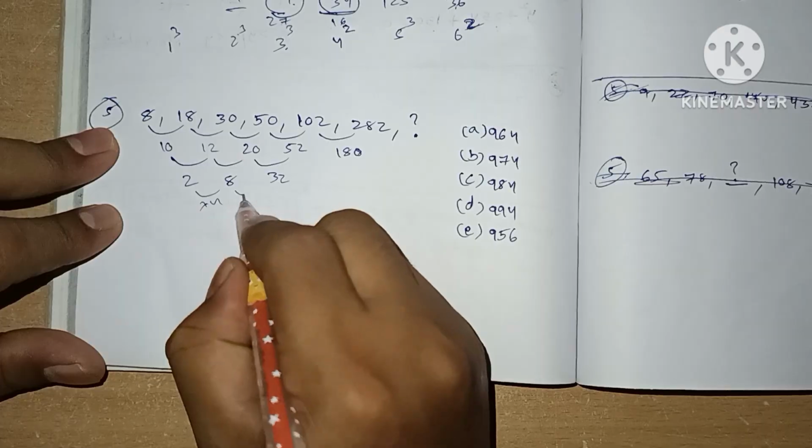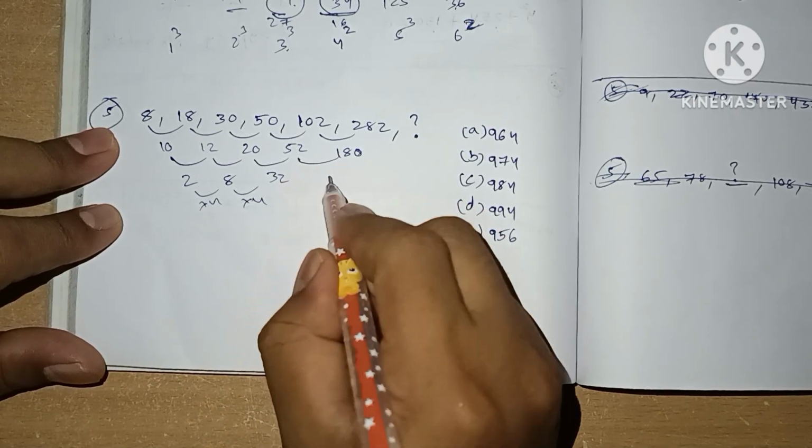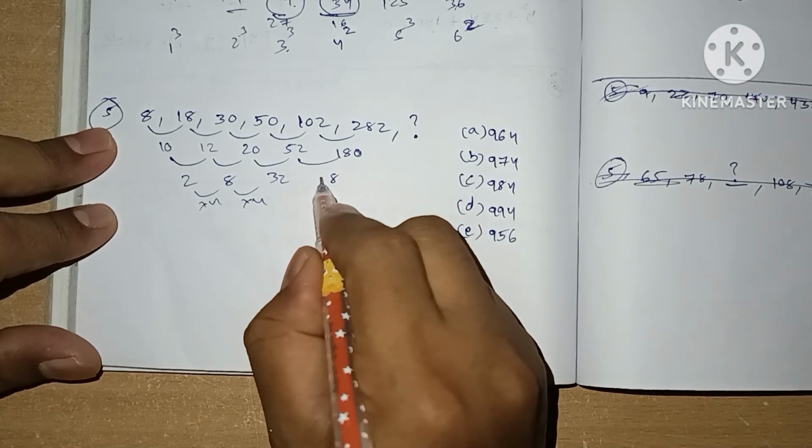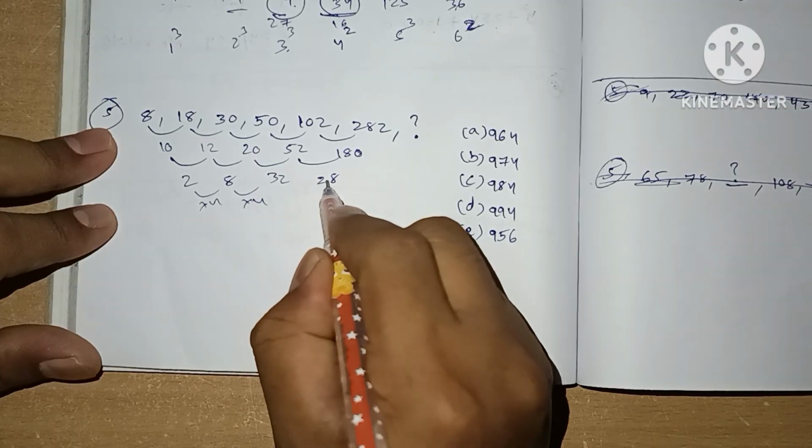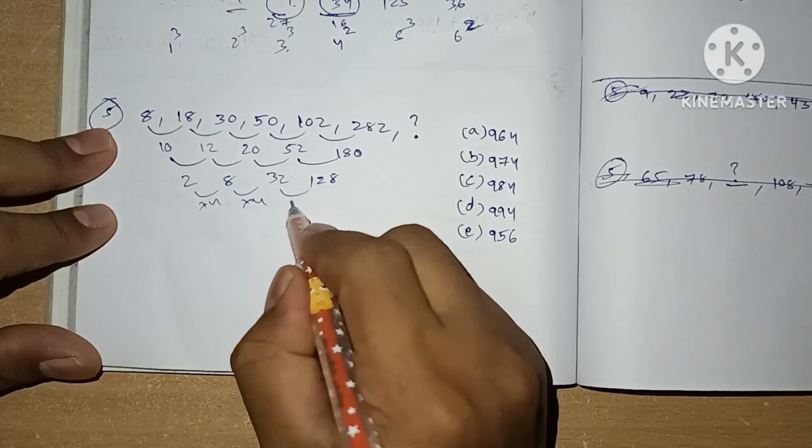This is multiplied by 4 times. Here we get 128. This is multiplied by 4 times.